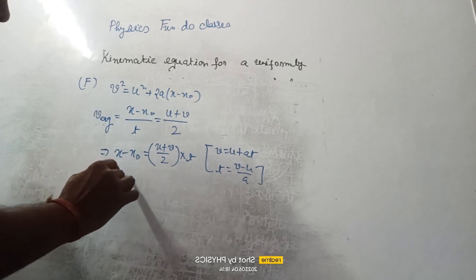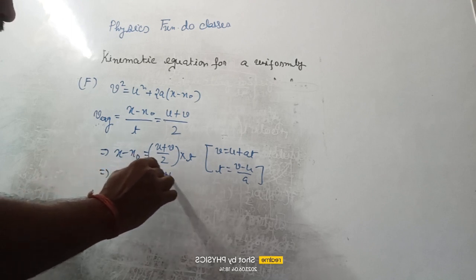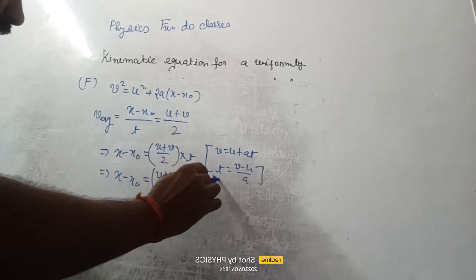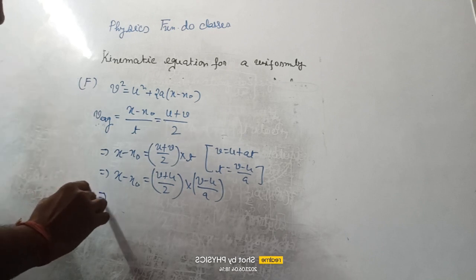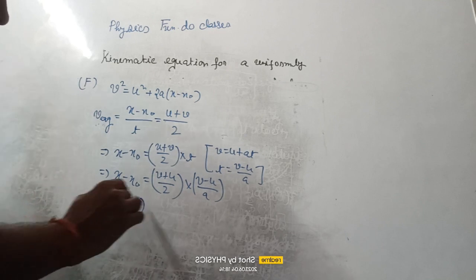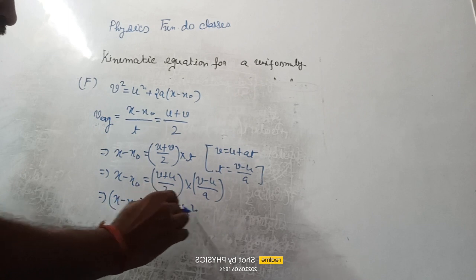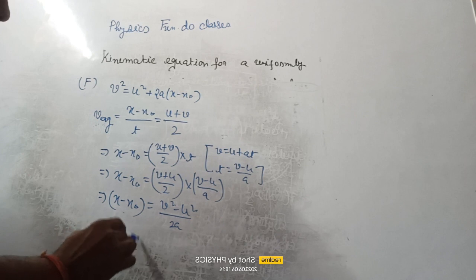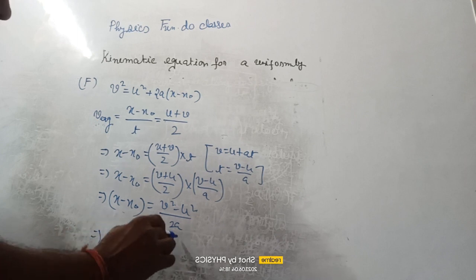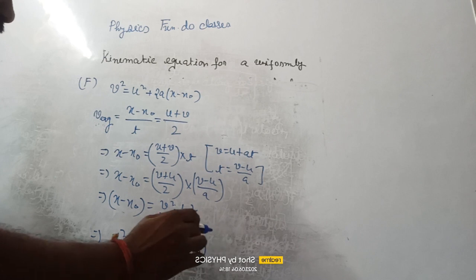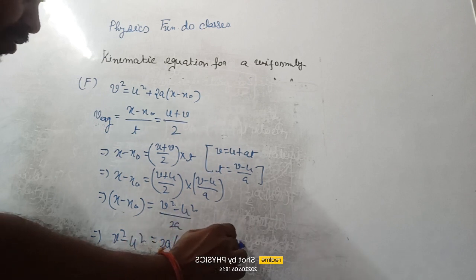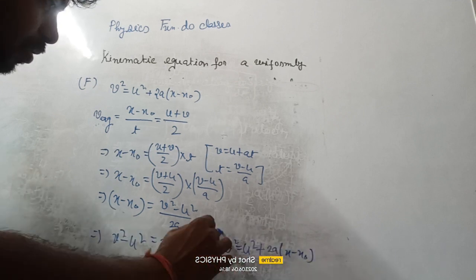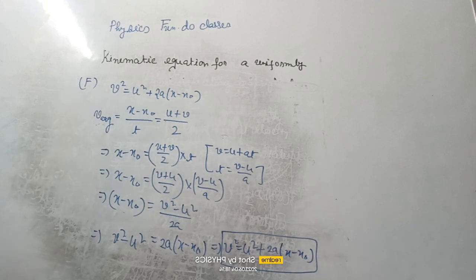Now x minus x0 is equal to (v plus u) by 2 into (v minus u) by a, that is x minus x0 is equal to (v square minus u square) by 2a. Now we have v square minus u square equals 2a into x minus x0. So here v square equals u square plus 2a into x minus x0. That is the equation.